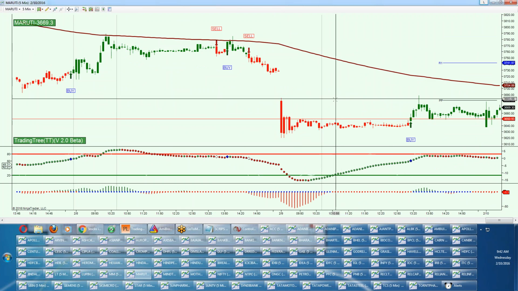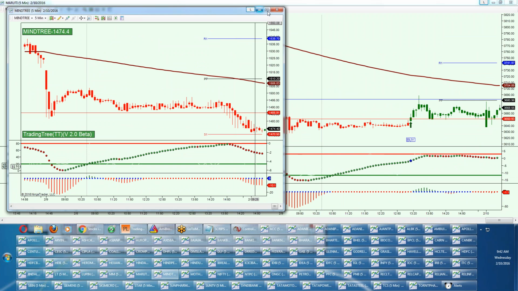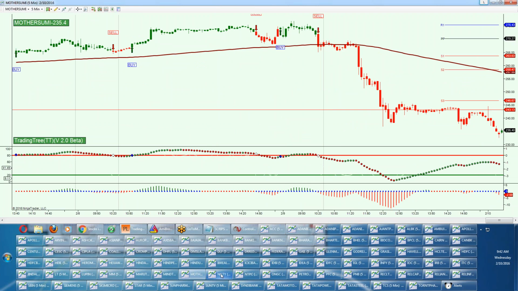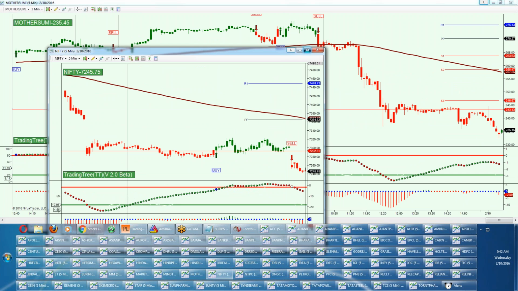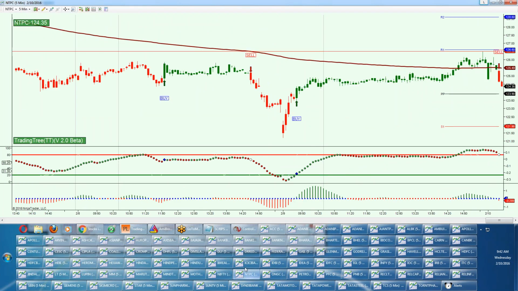Maruti, we will buy above this PP. So that's NTPC. That's your entry.